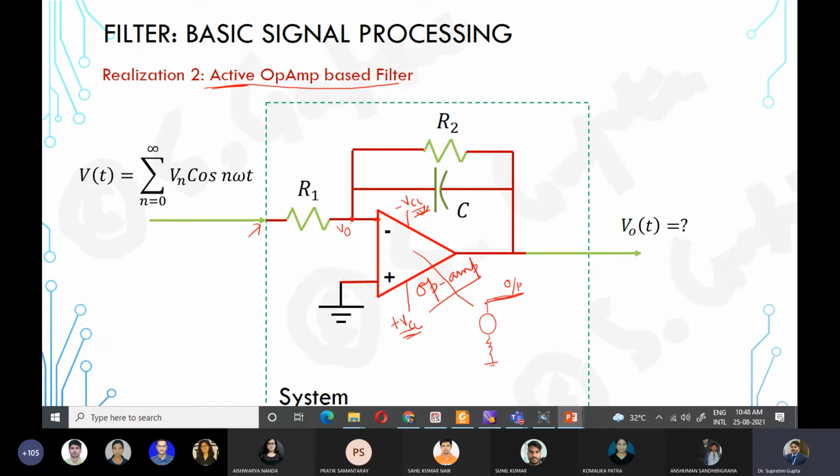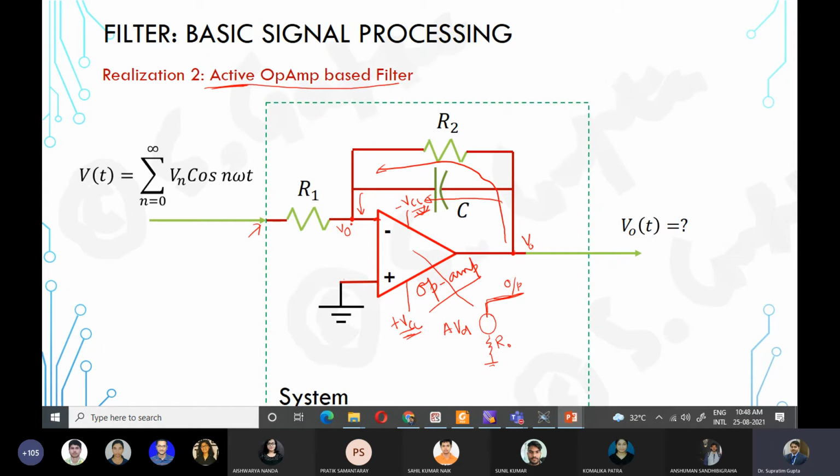If you see the op amp model, you will see that this is AVD, and we have some output resistance, which is very small, right? We can imagine that this is our VOUT. If this is 0, and if we assume that this voltage is higher than that, there will be a current through these two parallel paths.